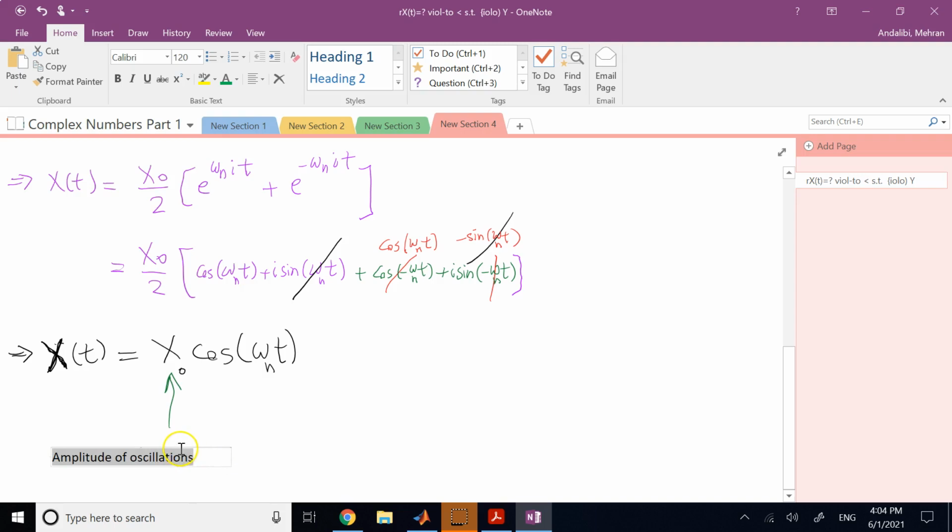So this is the amplitude of oscillation, and then this is called the frequency of the oscillation.